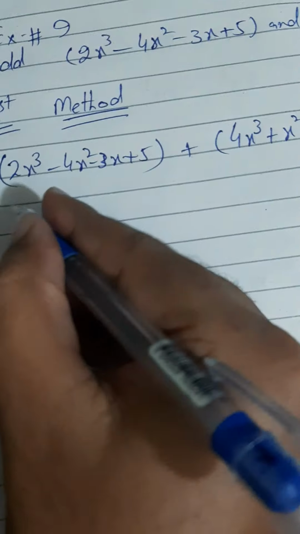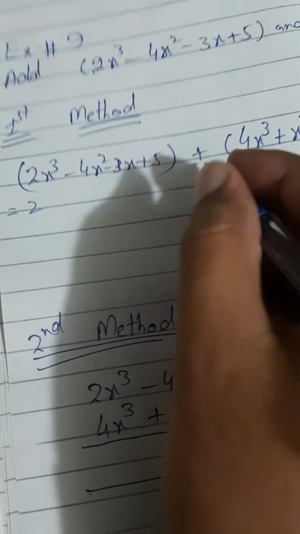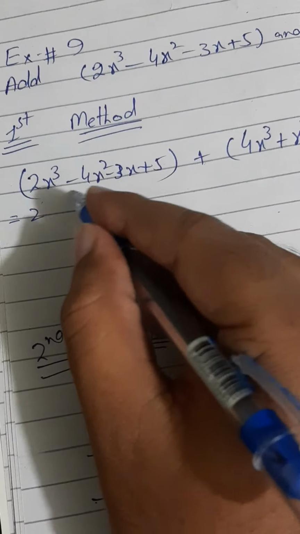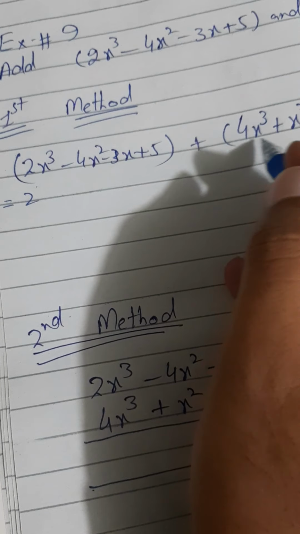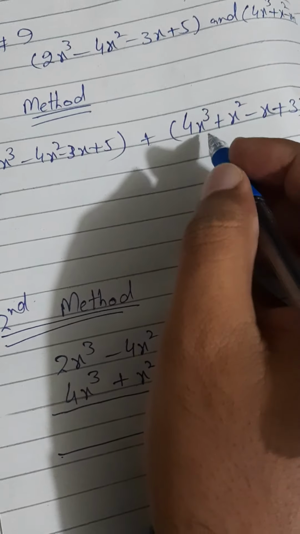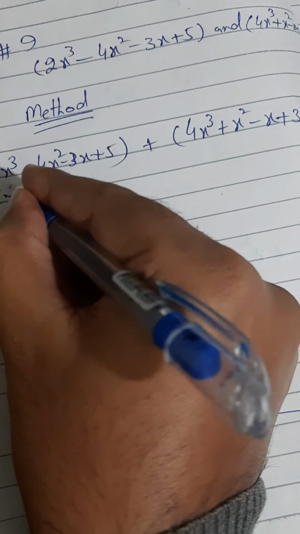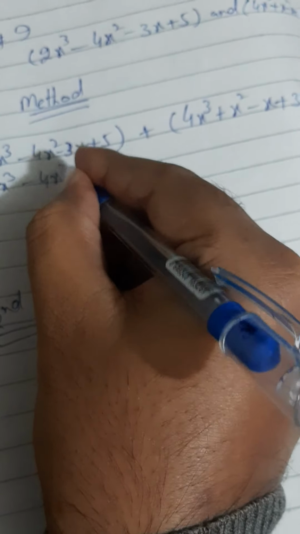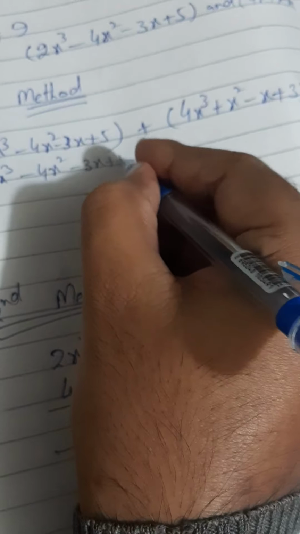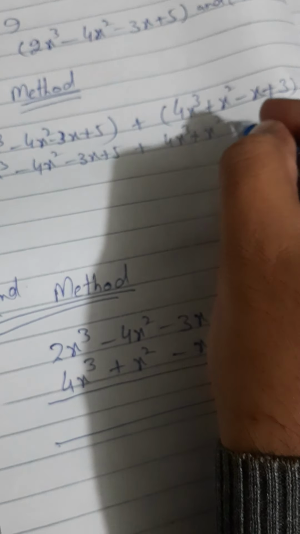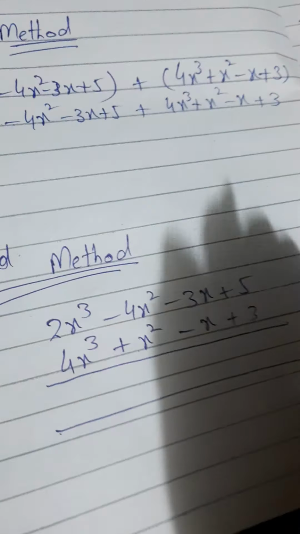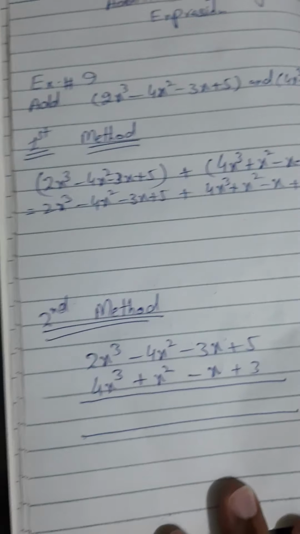Because there is a sign of addition, there will not be any change in any sign of any term. So we write as it is, 2x cube minus 4x square minus 3x plus 5 plus 4x cube plus x square minus x plus 3. It's example number 9 of your book.